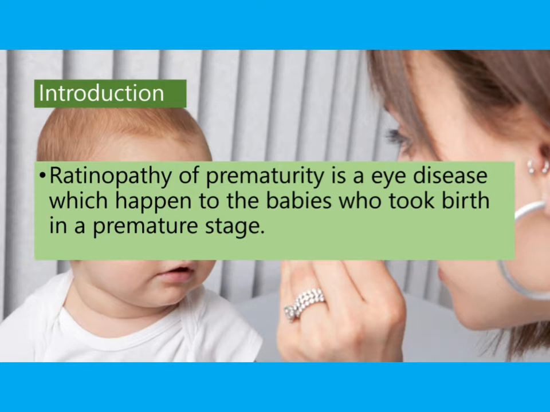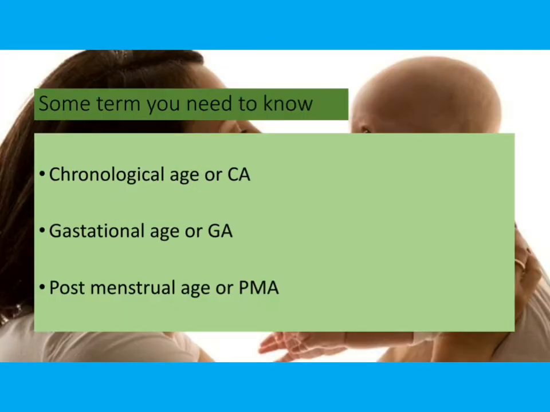Okay, now let's move to the next slide. Some common terms that you need to know to understand retinopathy of prematurity. First of all, chronological age. What is chronological age? Your current age is your chronological age, meaning the time from the day you were born till date. Now what is GA?